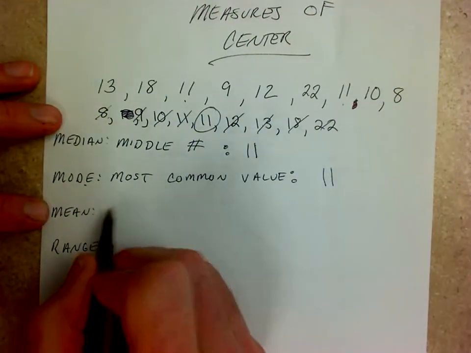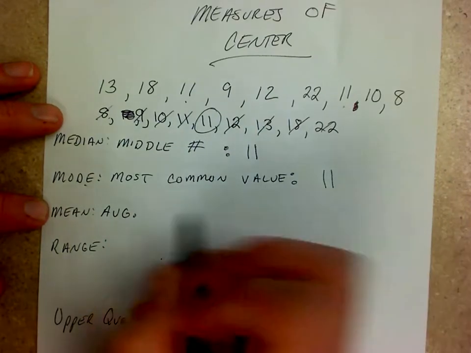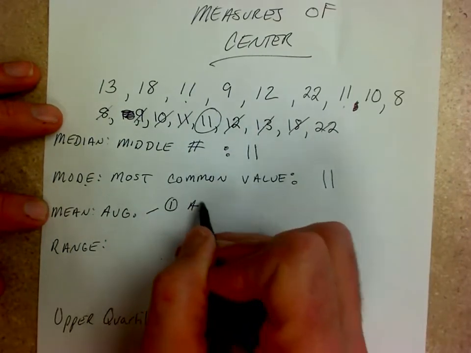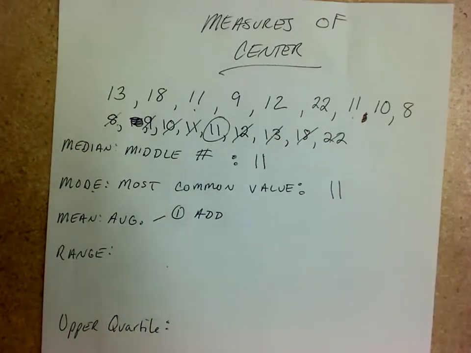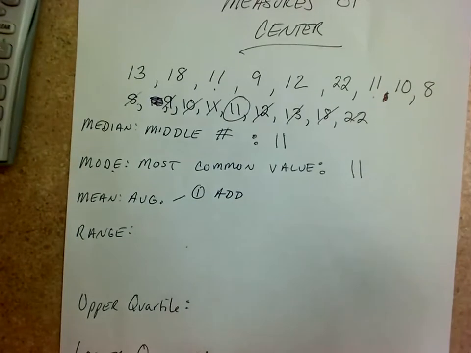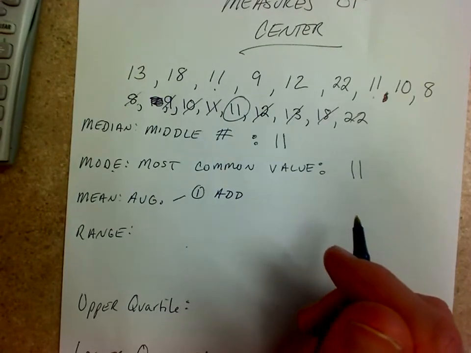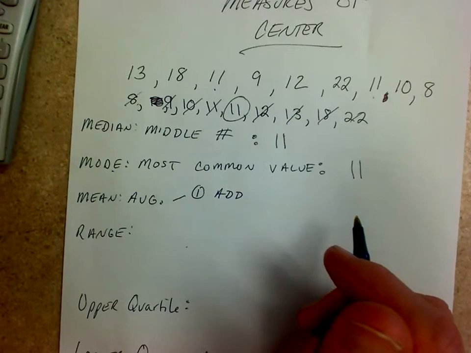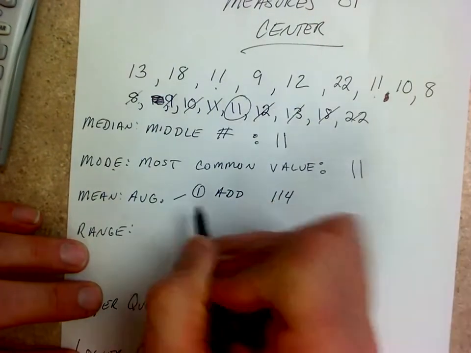All right, our mean, also known as the average. Two steps. Number 1, add your numbers. If we add up our numbers here, 13 plus 18, we get a total of 114.